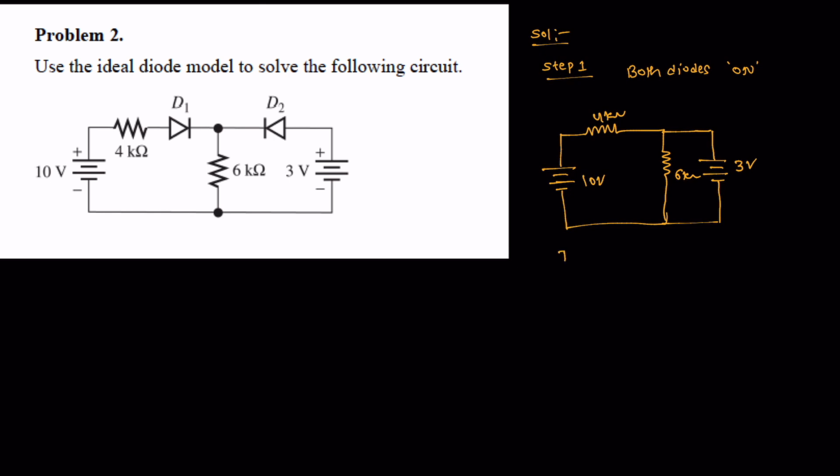So let's write the current flowing through the 6 kilo ohm resistor, that is I6, which is 3 over 6, that is 0.5 milliamperes in this direction.